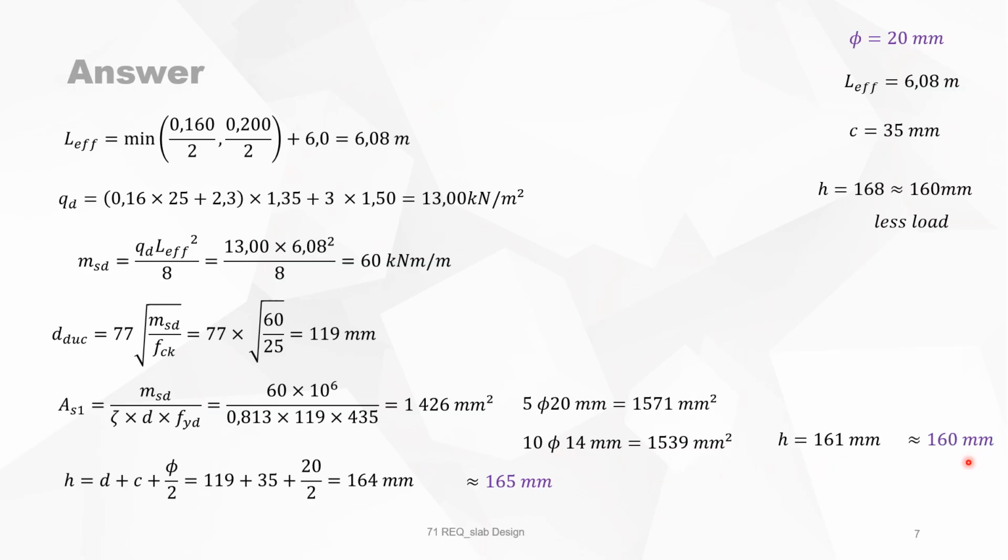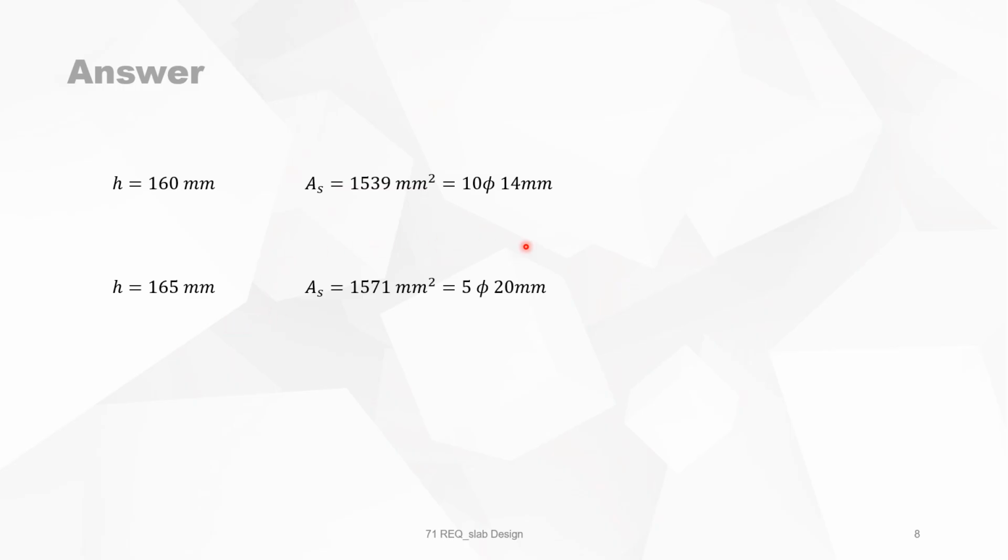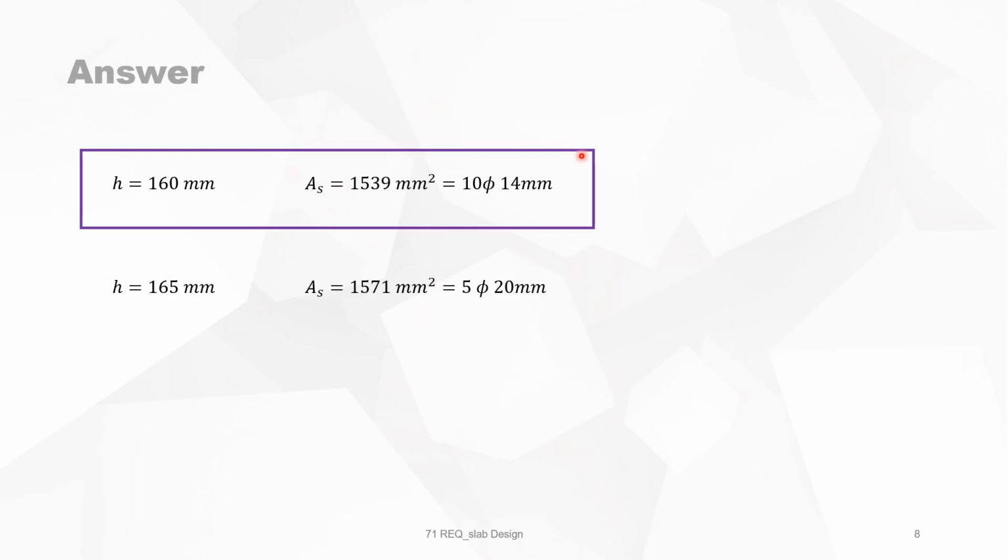So it means 160 millimeters as total depth will be fine. So in total, for a slab depth of 160 millimeters, the reinforcement is 10 diameters 14. For a slab thickness of 165 millimeters, the reinforcement is 5 diameters 20, and we prefer this as a solution.